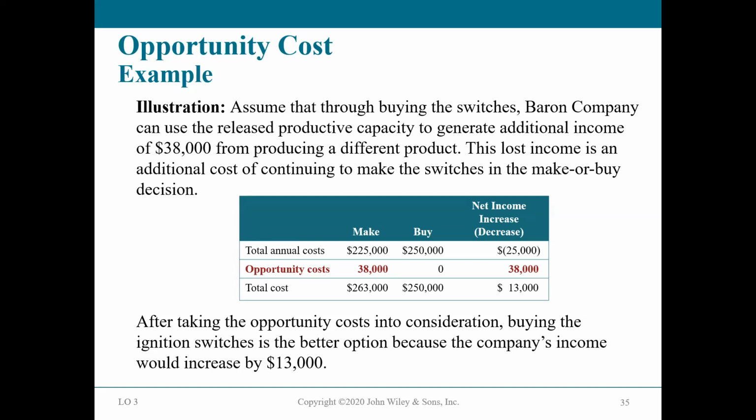So that lost income is an additional cost of making the items, because if they make them inside, they can't make that money. But if they buy them, they could make that money. If we add this assumption in place, it would actually improve their net income by $13,000 bottom line. So in this situation, they should buy the switches and use that opportunity to generate the additional income from a different product.